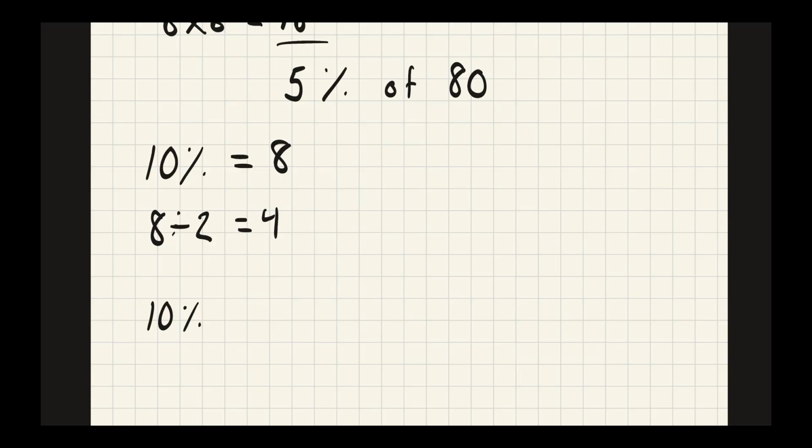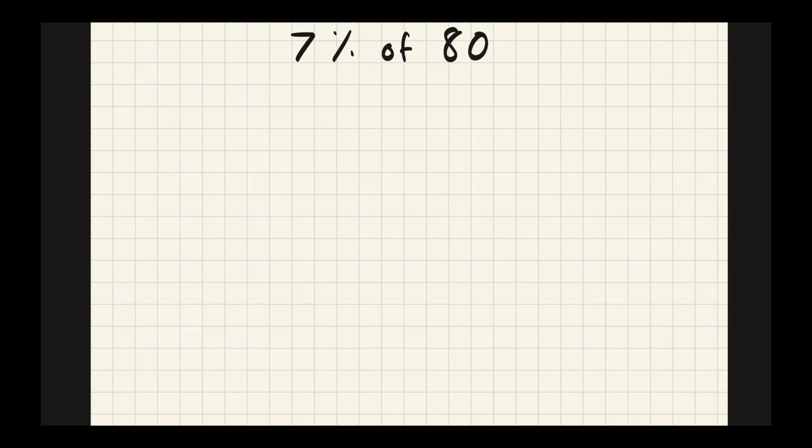So 10% equals 8. That means 1% equals 0.8. Once again, we're just dividing by 10. And then simply multiply 0.8 times 5, and we get 4. So as you can see, we got the same answer using both methods, but breaking it down to 1% will help us more often.